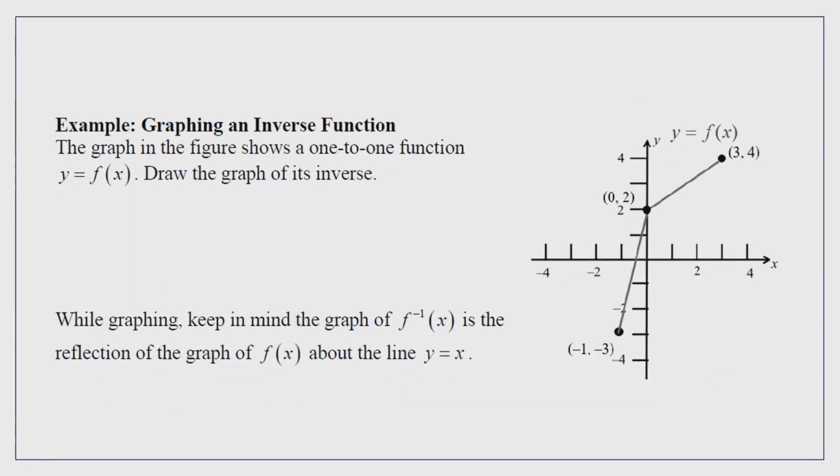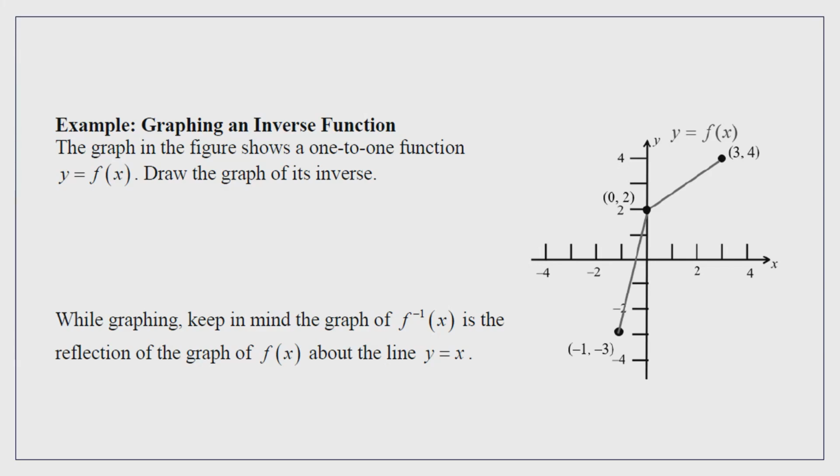So the graph in the figure here shows a one-to-one function, y equals f of x. We are now asked to draw the graph of its inverse function. Okay, so if I take the points on our graph that are given to us and I switch the x and y, I'll now have points for my inverse function.